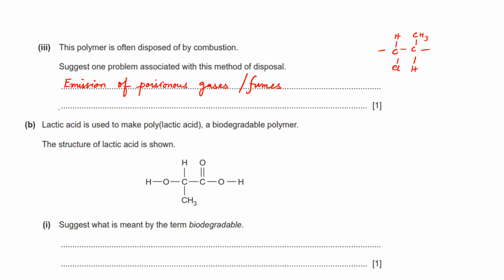Moving ahead, part B. Lactic acid is used to make polylactic acid, a biodegradable polymer. The structure of lactic acid is shown. What is meant by biodegradable?